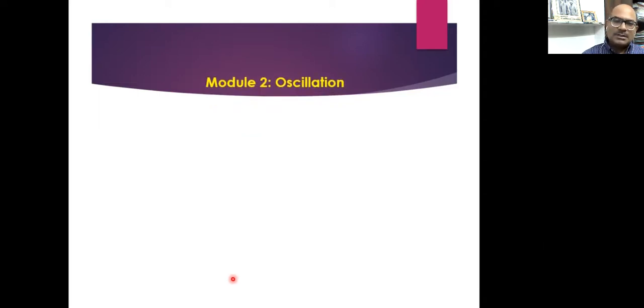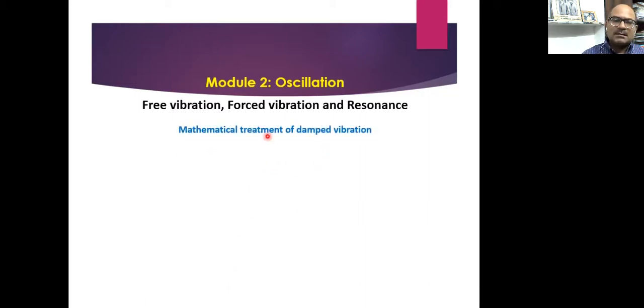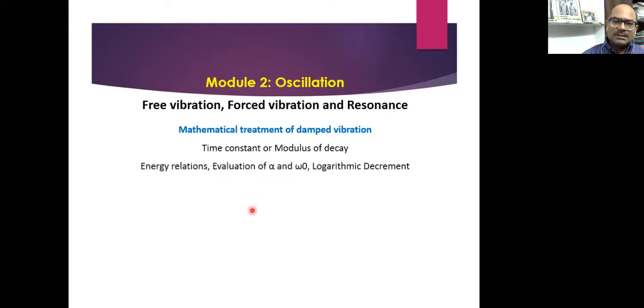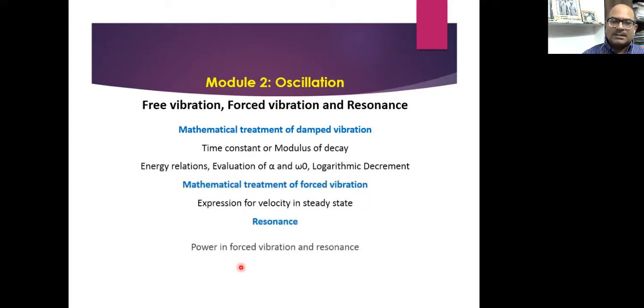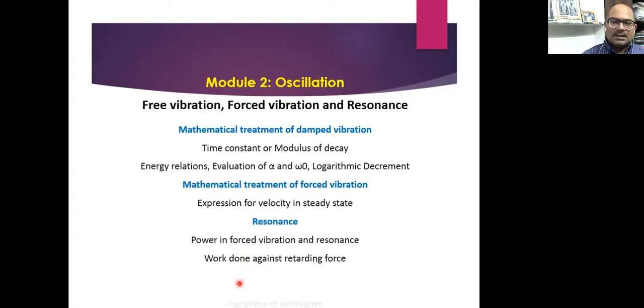And in module 2, in oscillations, we will be learning the free vibration, forced vibration, and resonance, then mathematical treatment of all these things, and then work done against retarding force and sharpness of resonance.